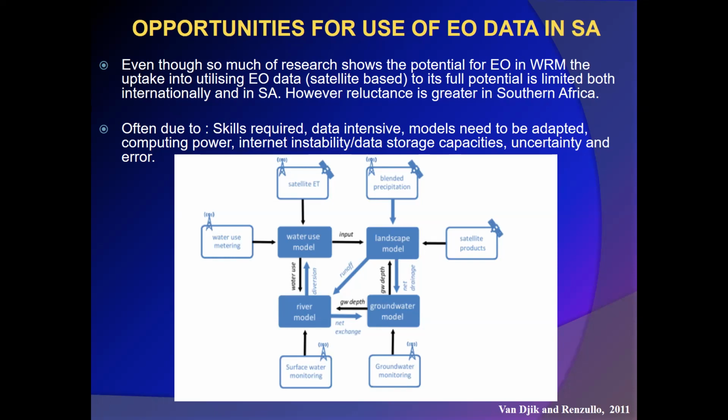The other very important aspect to consider is that remote sensing and Earth observation data sets are data intensive. So they require large bandwidths. They require a lot of computing power for the computers to run the models.